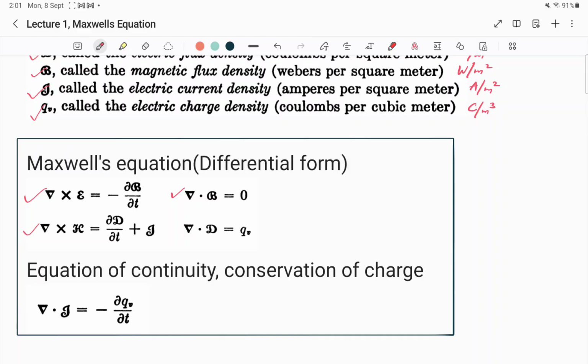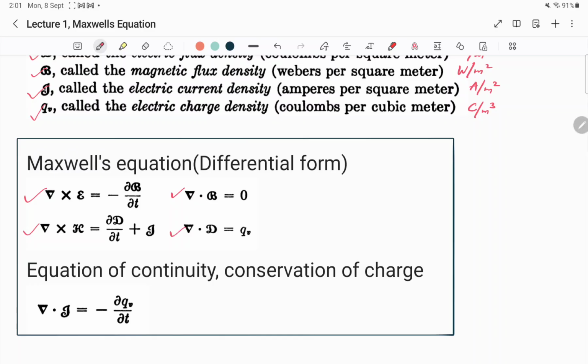It also represents that an isolated magnetic charge cannot exist. That means a magnetic charge should always exist in a dipole fashion.